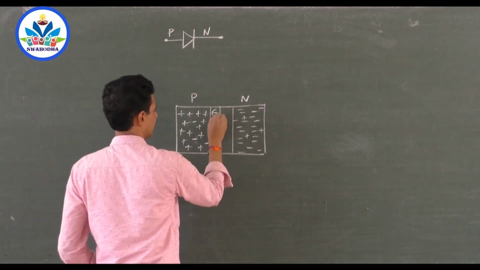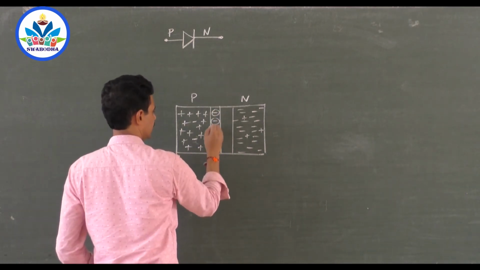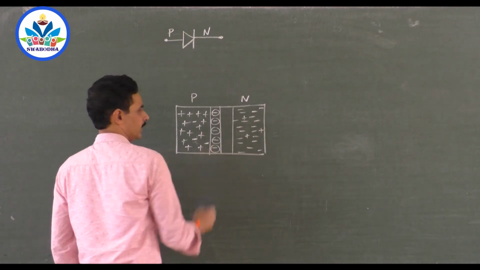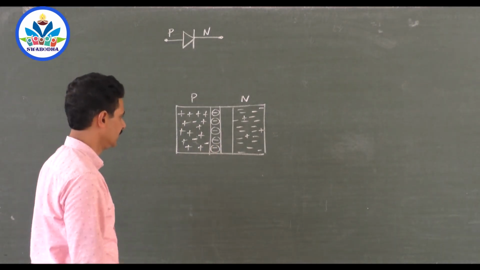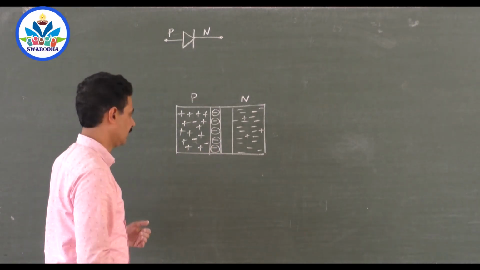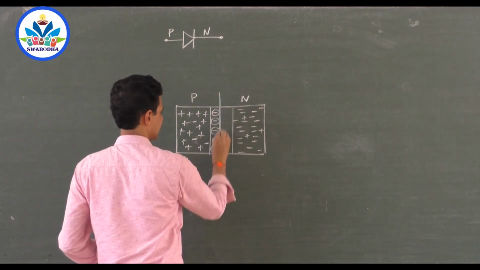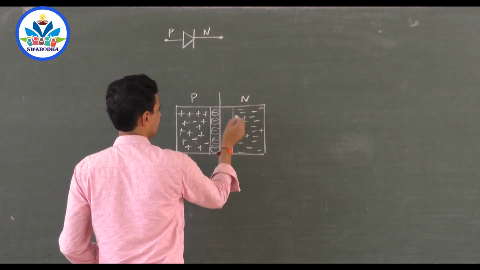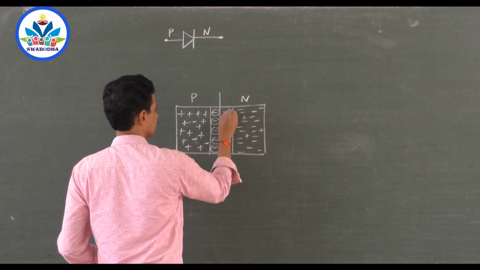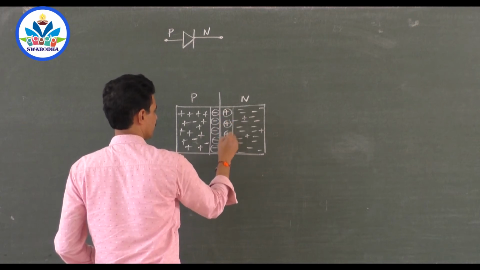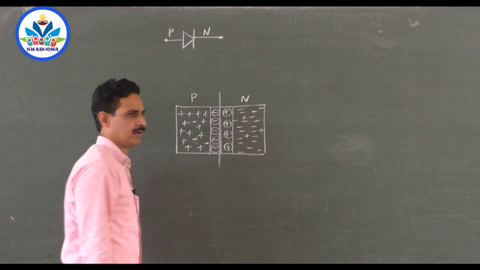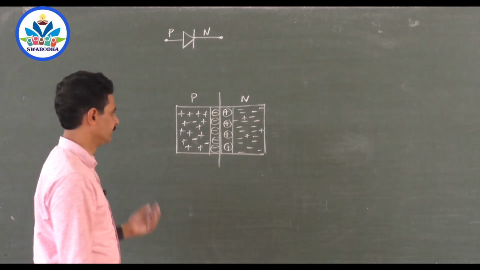Electrons might have come here and completed some broken covalent bonds by filling them with electrons. So this has become negatively charged. This is the junction, and from the other side this has lost one electron, so this has positive phosphorus ions, or antimony or bismuth, whatever it is.